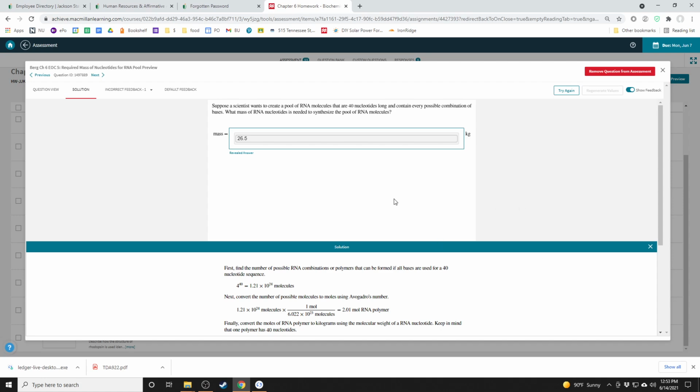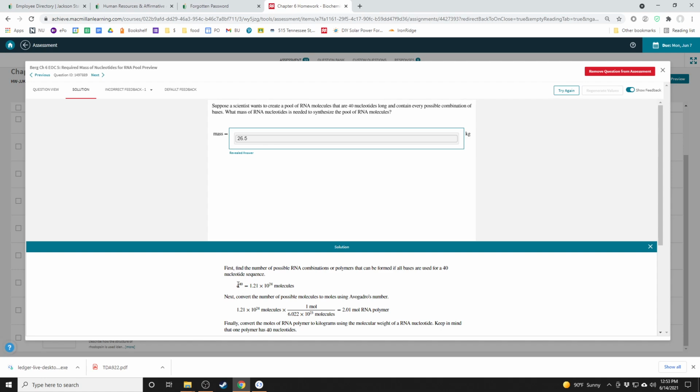Okay, so the first thing is there's a little bit of stats that needs to happen here. We have 40 nucleotides long. We have to think of how many nucleotides there are, which is 4 that it could be. Statistically, the number of molecules you would need to get every combination would be 4, the number of different types of nucleotides it could be, to the 40th power, the number of positions you would fill.